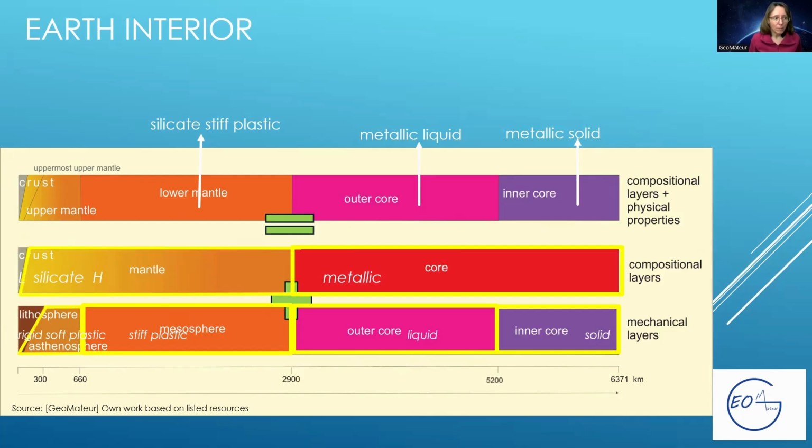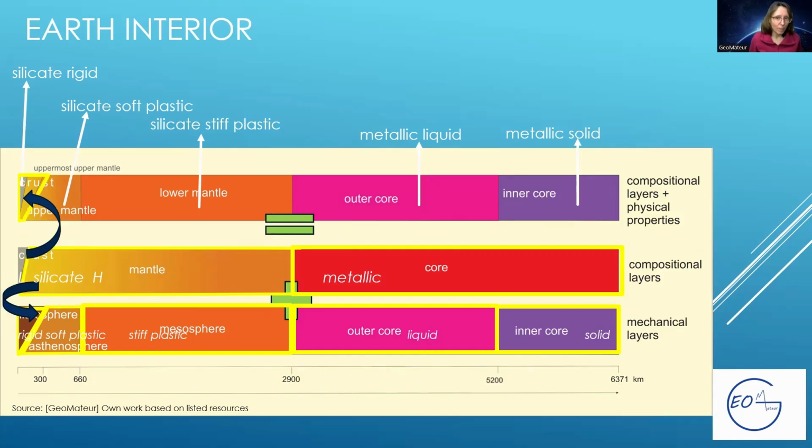But if you look, the mantle also covers the asthenosphere and a part of the lithosphere. So if you move the border of the compositional mantle, we get the silicate rigid crust, the most outer layer, and the silicate soft plastic upper mantle.